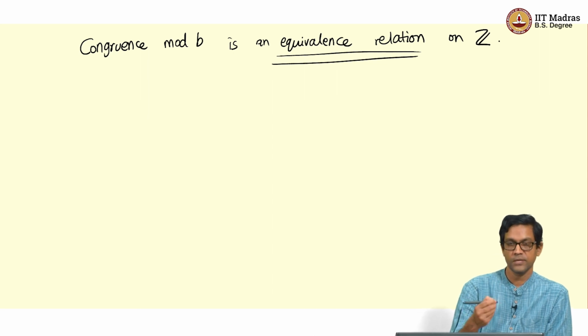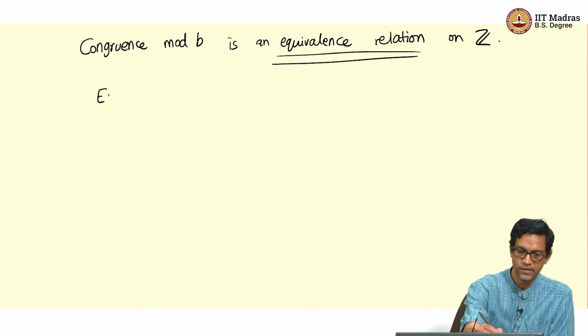When you have an equivalence relation, recall what it does is it splits the set up into disjoint equivalence classes.